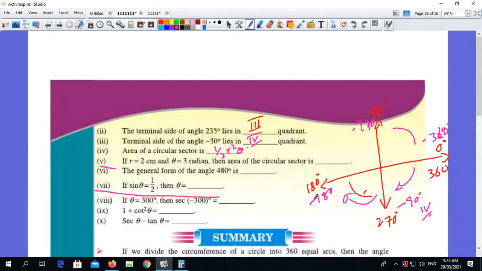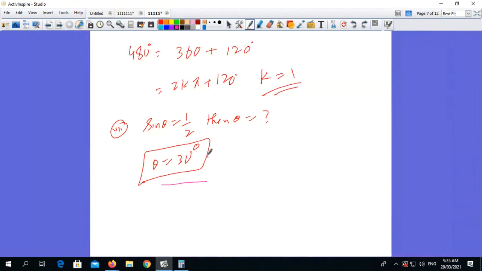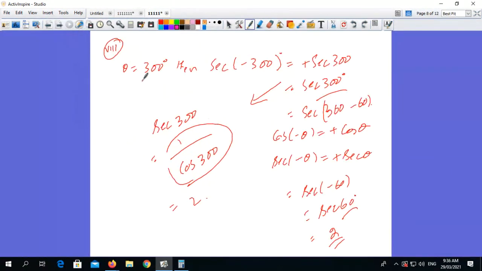Next, what is next? If theta is equal to 300, then find secant of 300. Just use a calculator and you get your answer. Secant 300 can be written as 1 by cos 300, and cos 300 is the same as cos 60.